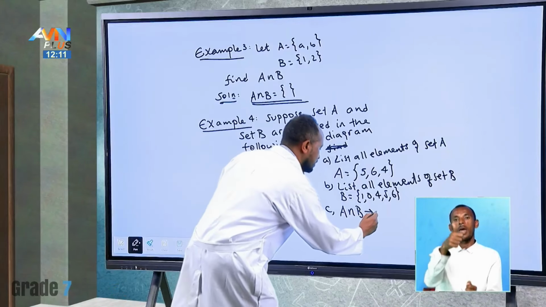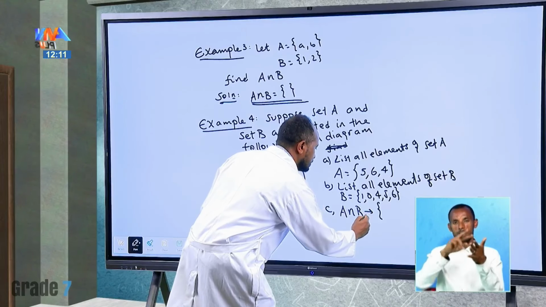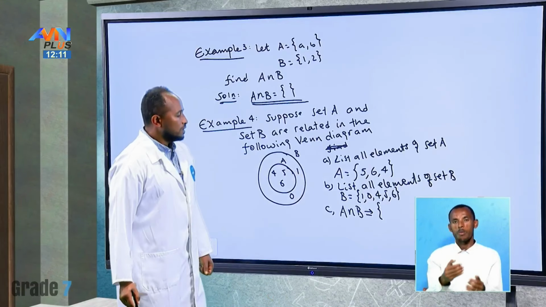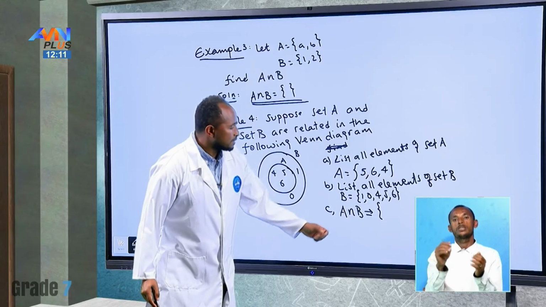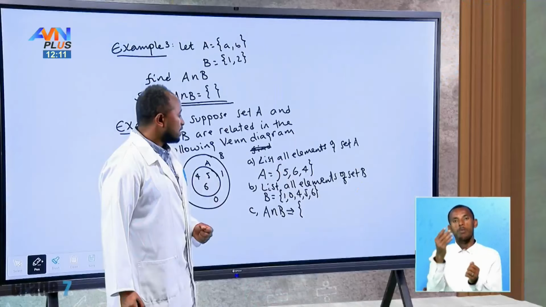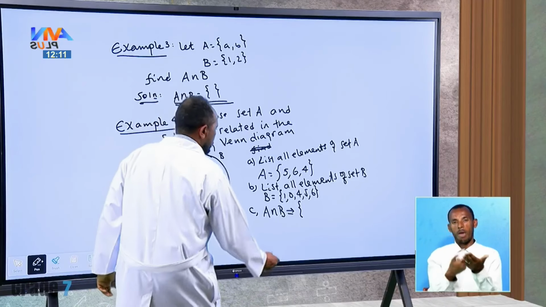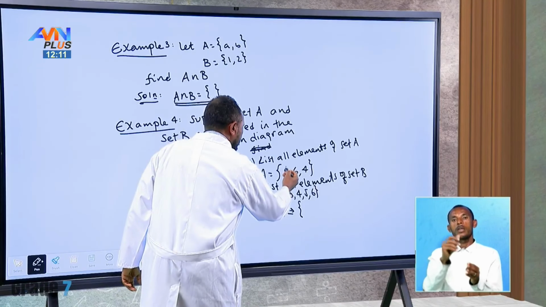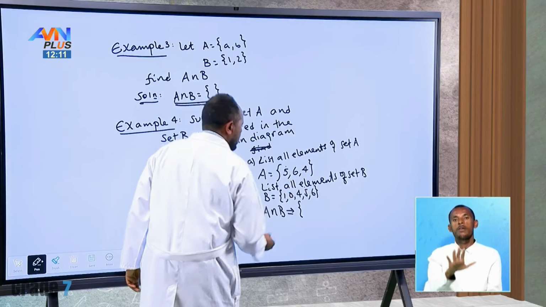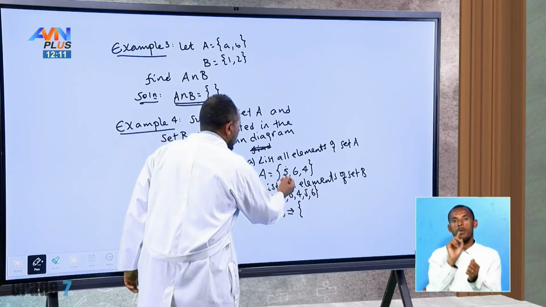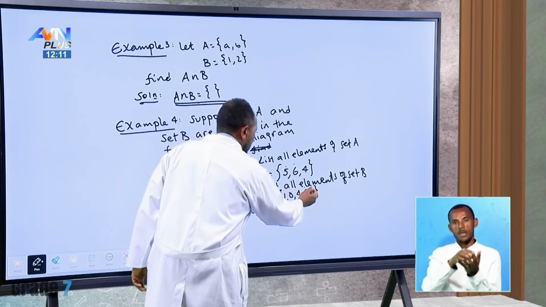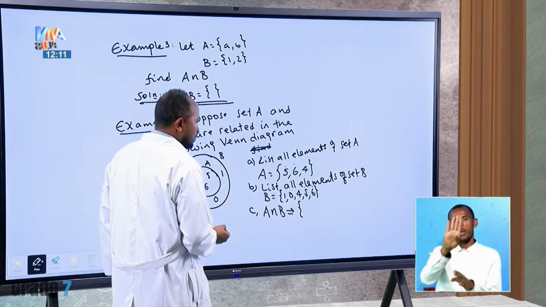A intersection B means the set of all elements that are common for both set A and set B. So here, set A contains 5, so 5 is common. Set A contains 6. 6 is also found in B, so it is common.